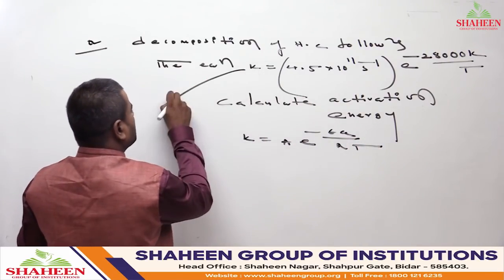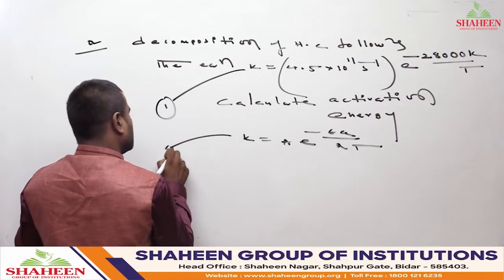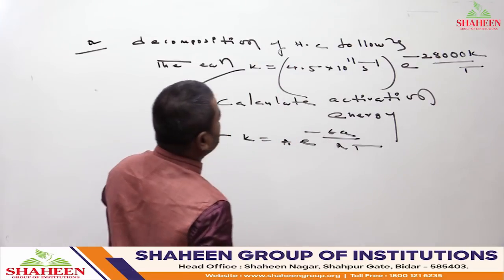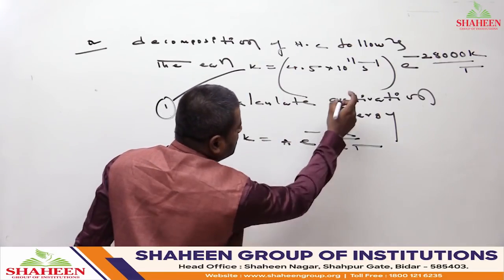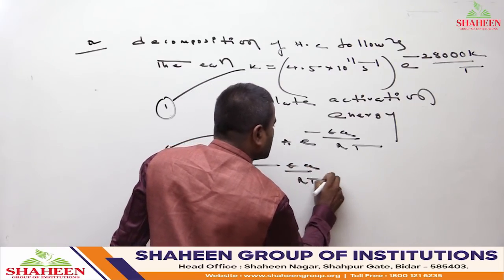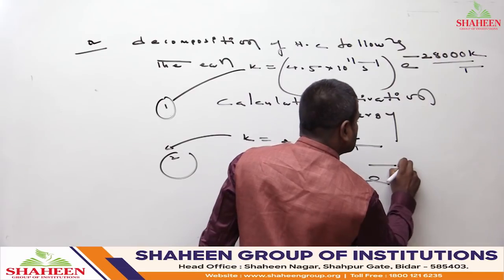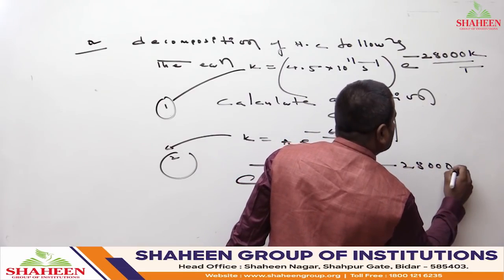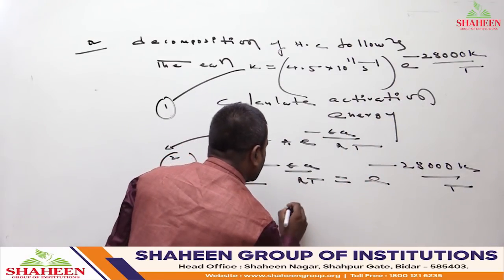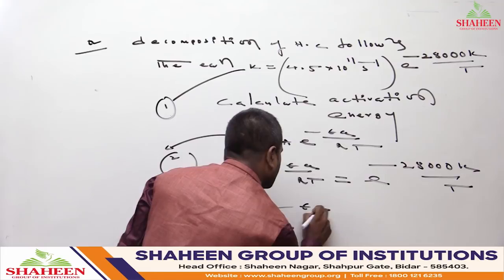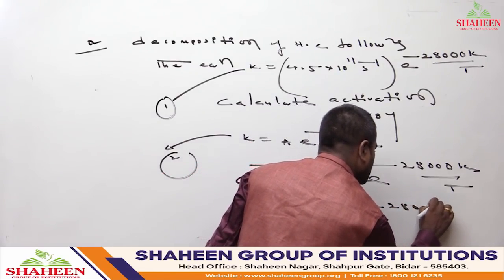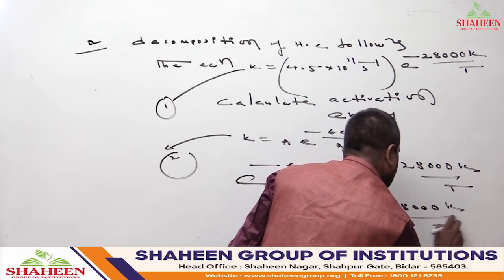Comparing these two equations, minus Ea by RT equals minus 28,000 Kelvin divided by T.